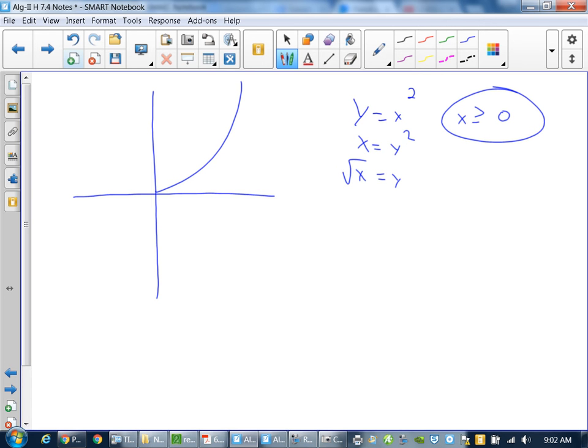When I graph the square roots, now, we haven't done square root graphing yet. We're going to probably start that maybe tomorrow. Play it by ear, see how it goes. When you're graphing square roots, the easiest thing to do is to pick values of x that are easy, for example, perfect squares: 0, 1, 4, 9, 16. Because what's the square root of 0? What's the square root of 1?